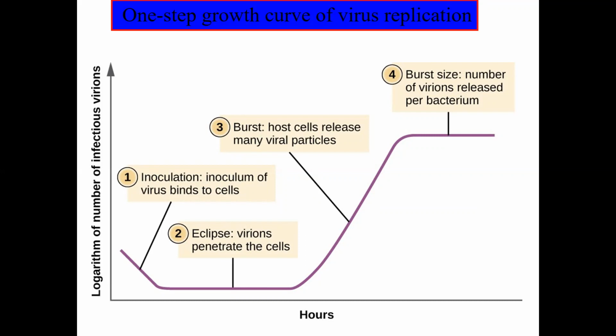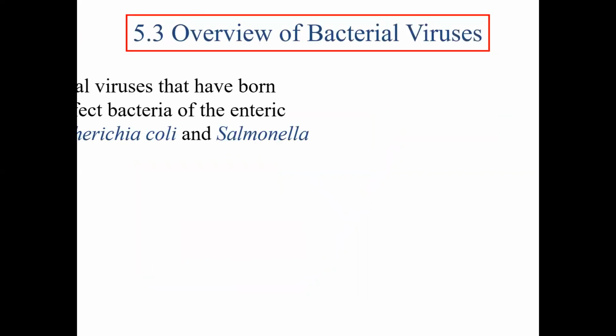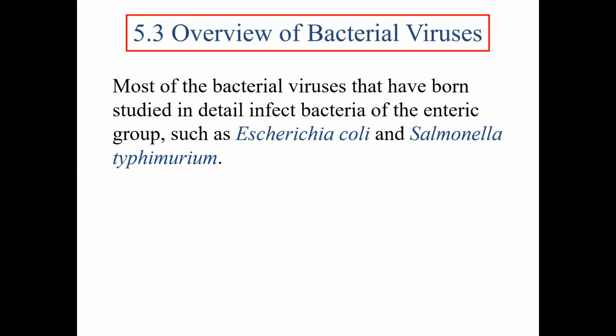So you see the numbers skyrocket. And then it reaches a maximum or a burst size, where the number of virions released per bacterium is recorded. And unless it's going to start over again to enter into new host cells and replicate more, it will then decline based on the type of infection that is taking place.